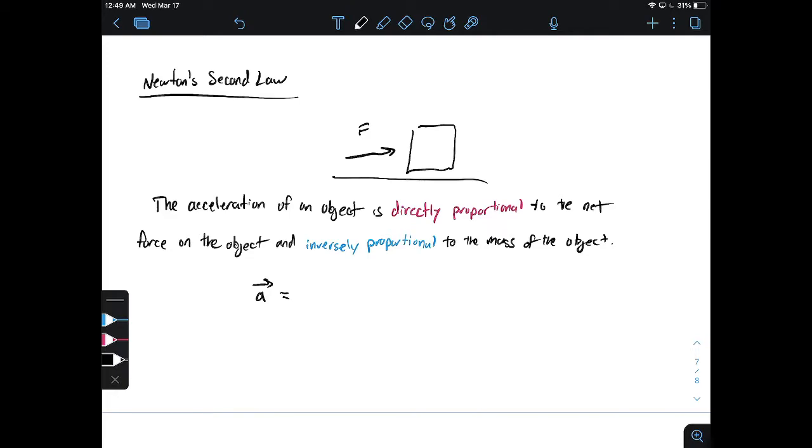The way we do that is simply the summation of the forces, i.e. the net force, and that will be our directly proportional. Now, inversely proportional means that as the mass of the object increases, the acceleration would decrease. And the easy way to do that would be division, so over m. And with this, we get one of the most important formulas, which is F net equals ma.